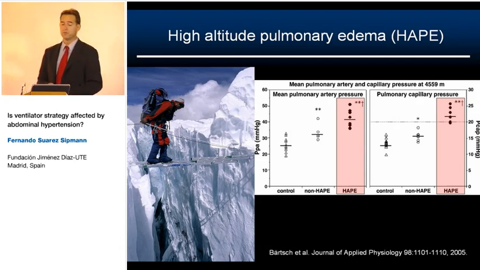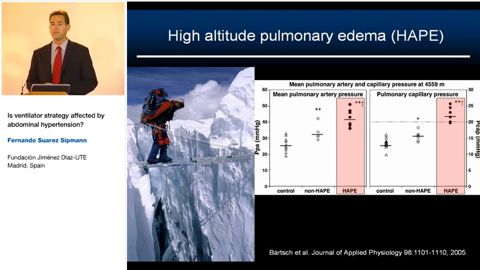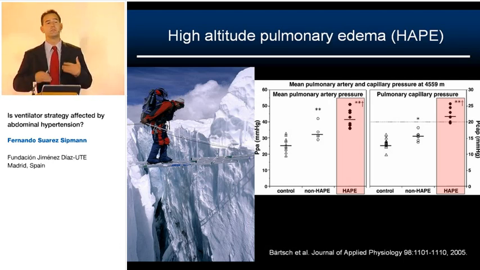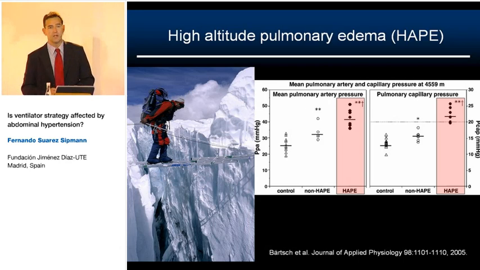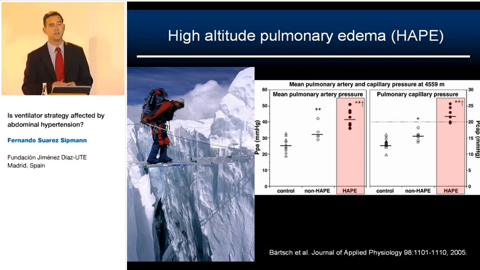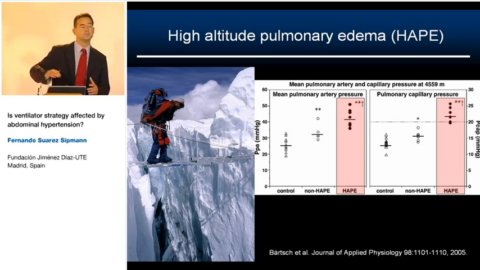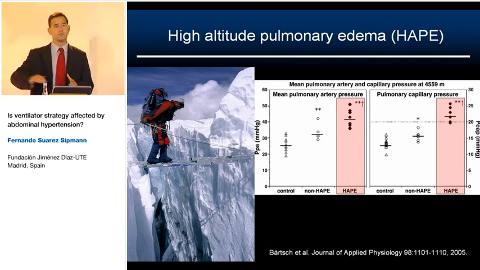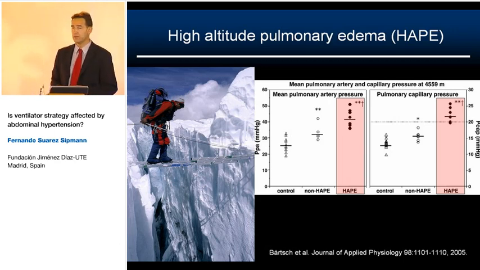So high altitude pulmonary edema, as I said, is a consequence of an overwhelming hypoxic pulmonary vasoconstriction response. The characteristic of this response is that it is heterogeneous and it is not produced in the same way in the different vascular territories inside the lung.